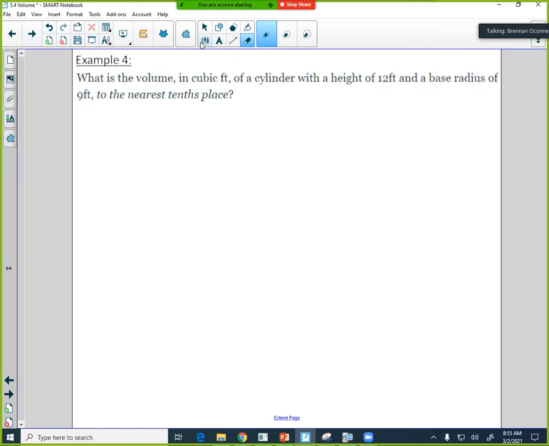So let's move on to the first example. The first example says, what is the volume in cubic feet of a cylinder with a height of 12 feet and a base radius of 9 feet, round to the nearest tenths place? So if you wanted to sketch, I'll do my best with the little pad I have. There's a cylinder.